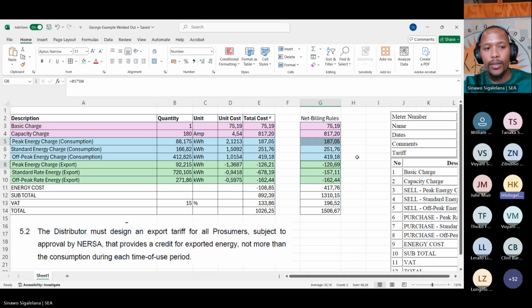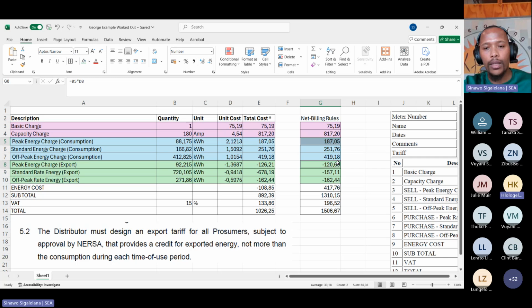Or 66 point whatever. So that would mean that is the difference in terms of what I'm paying for. So my credit at peak on my bill will be 120.69.